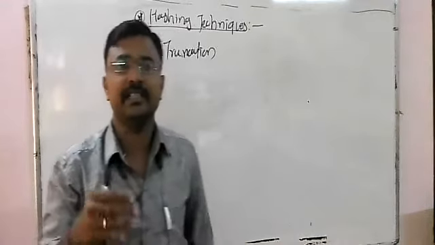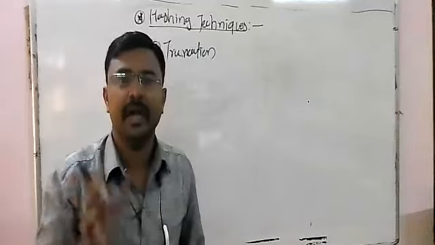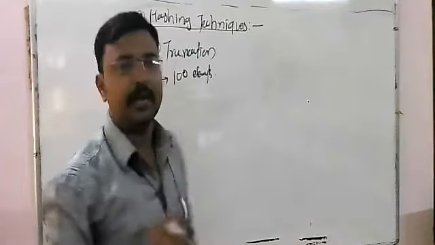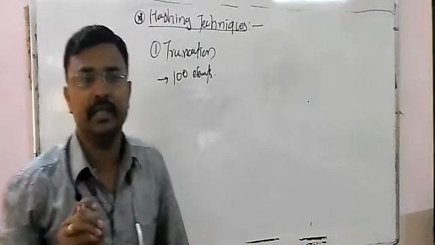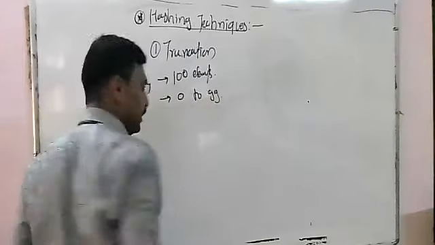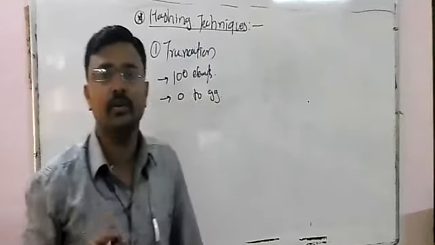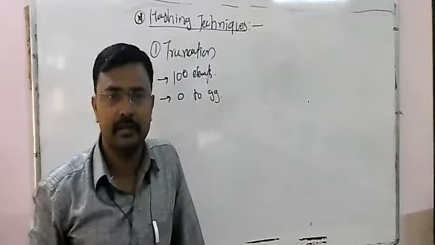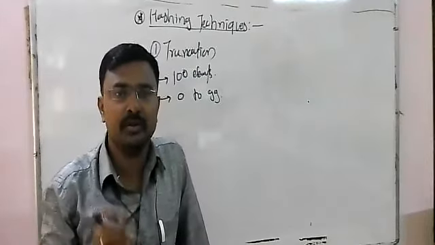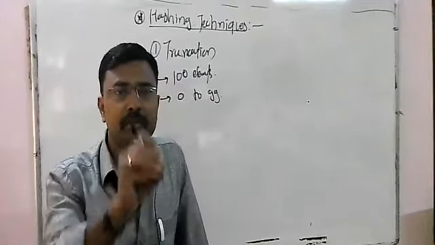For example, if your hash table has indexes from 0 to 99, how many values can you store? You can store 100 values into that hash table.